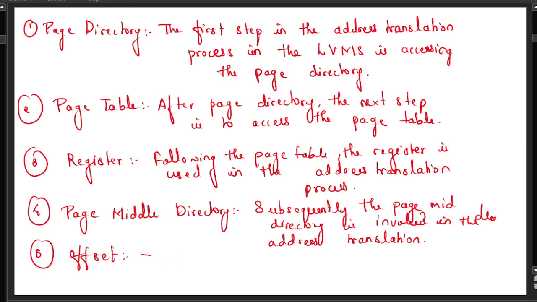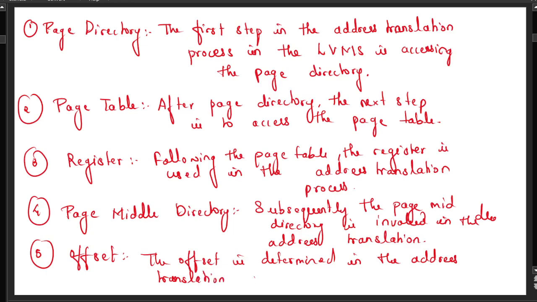So the offset is determined in the address translation process.